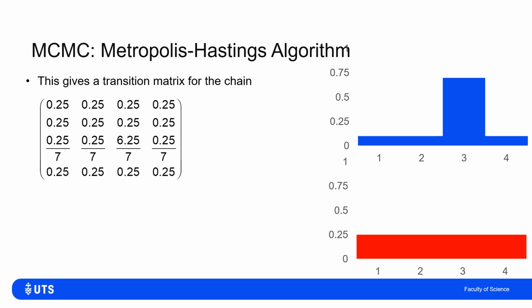So what I'm left with is the 0.25 probability associated with proposing going 3 to 3, plus 6/7 of the 0.75 probability of leaving state 3, but then rejecting that. And if I work that out, that gives me 6.25 over 7.